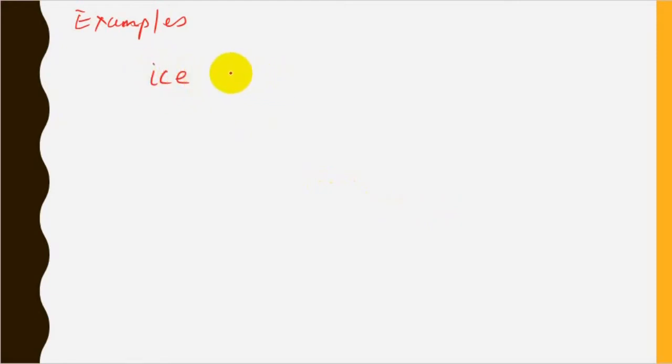Ice can melt into water and water can go back into ice. This occurs at a particular temperature. We'll talk about that, but this is just the changes which can take place. So this can come into equilibrium.